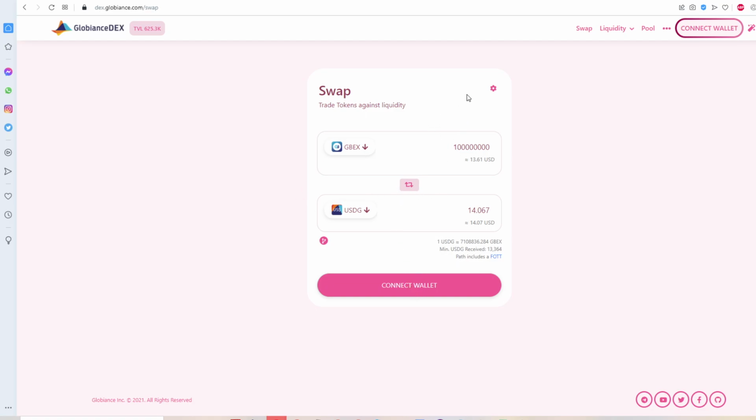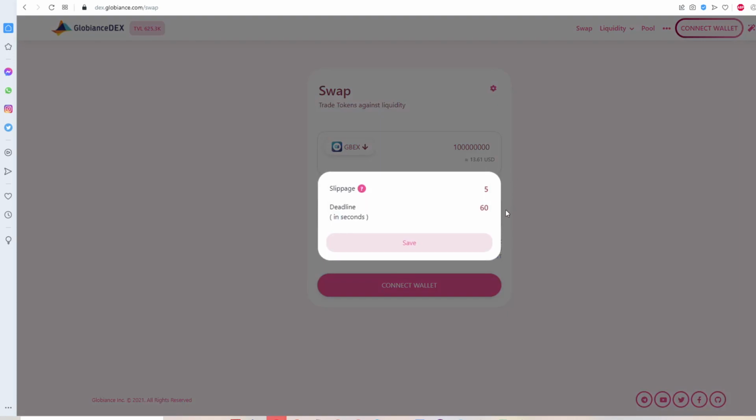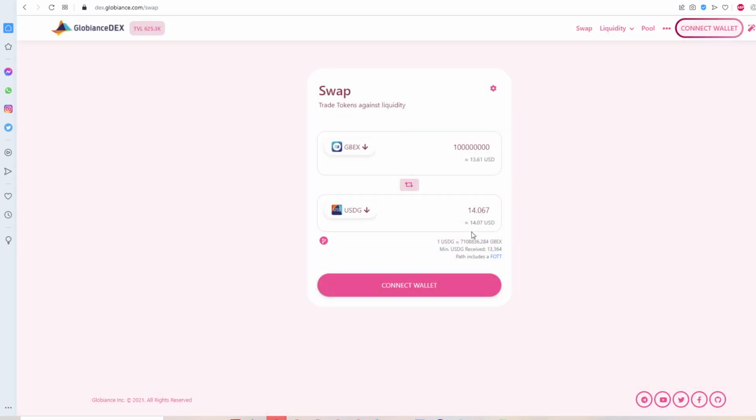So there is something called slippage, which is quite important for you to know, because it's not a fixed price. The swapping is not done against an order book like on a centralized exchange, but simply via the liquidity.